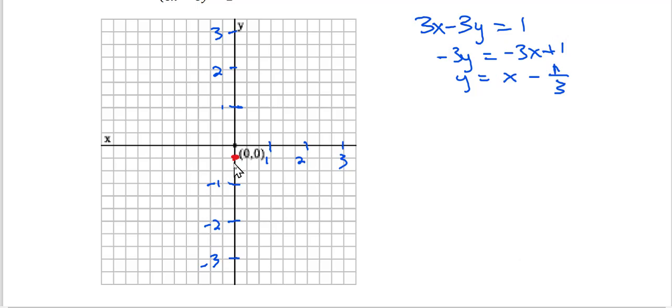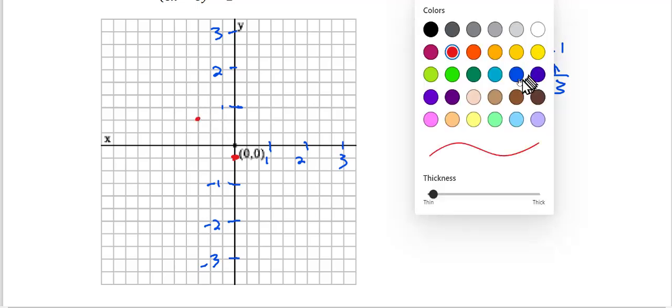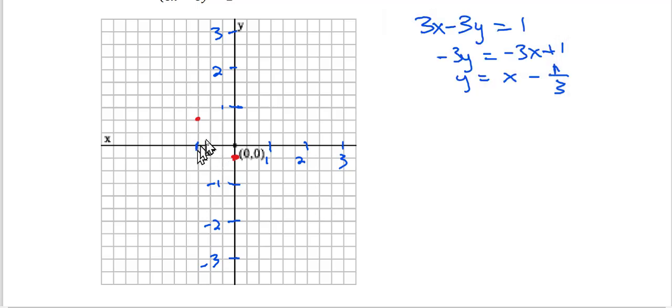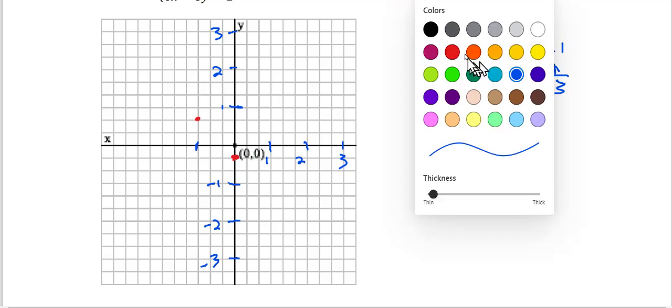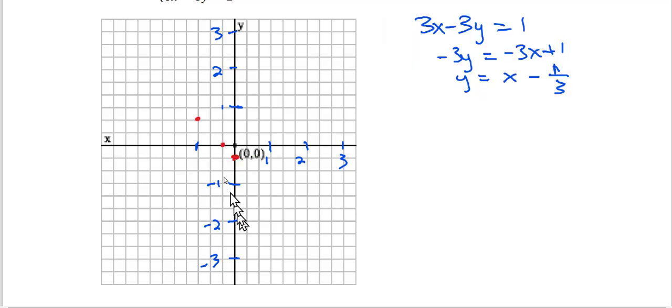Now slope of 1, technically I could go up 1, which would take me to this 2/3, and over 1. But realistically, going up 1/3 and over 1/3 works too.